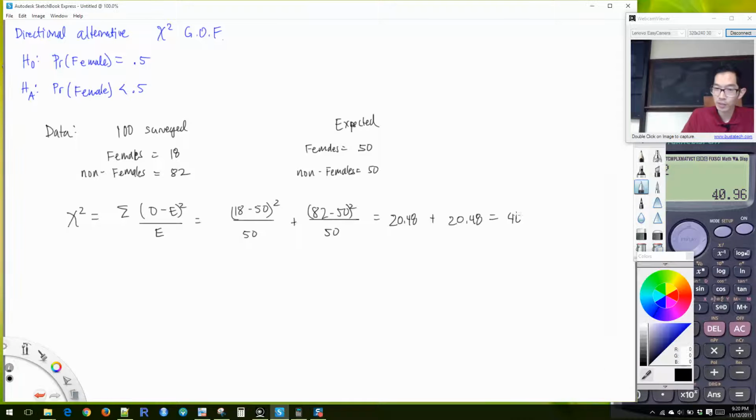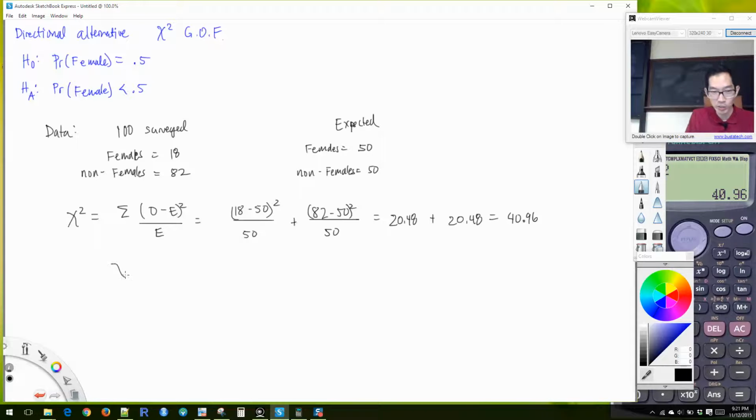It's not always, I know in both of the examples, because the expected numbers were 50, in 15 we had 1 degree of freedom, it happened to be 20.48 plus 20.48. That's not always the case, okay? It's just a coincidence that in my two examples that I did, it happened to be this way.